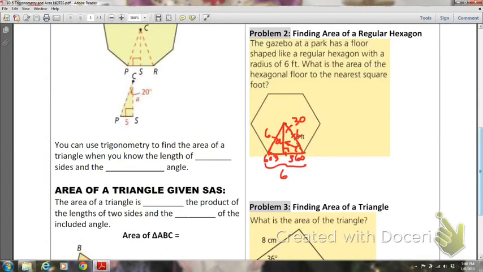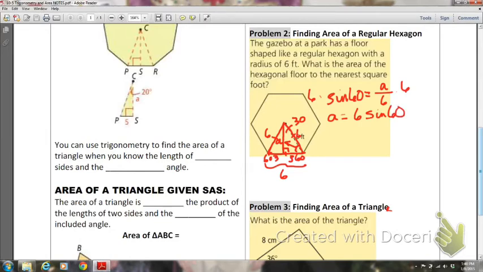So let's look at it as the sine of 60 is equal to, opposite is apothem, and your hypotenuse of that is 6. So to solve for the apothem, you'd have to multiply both sides by 6, and your apothem is going to be 6 times the sine of 60.